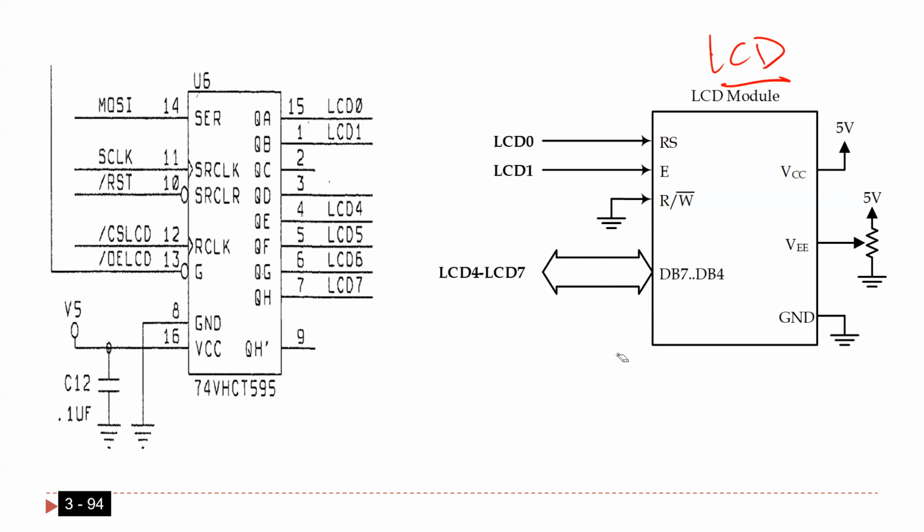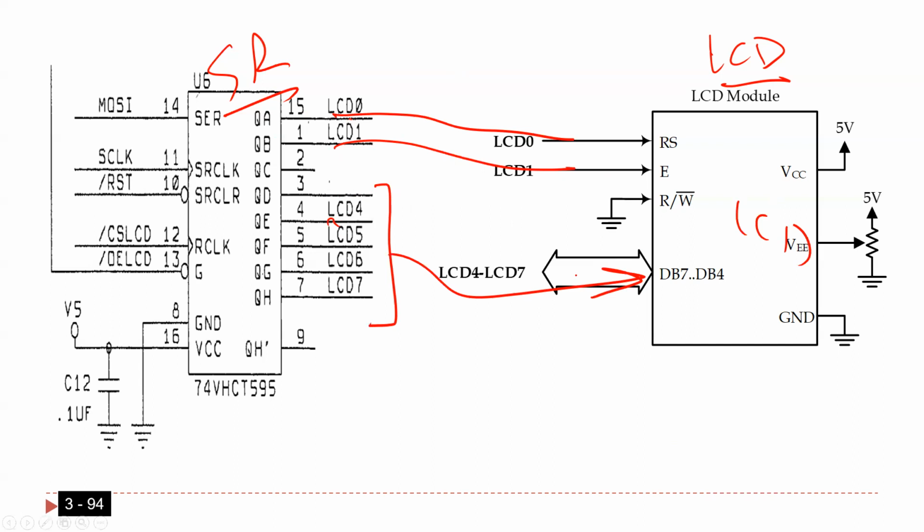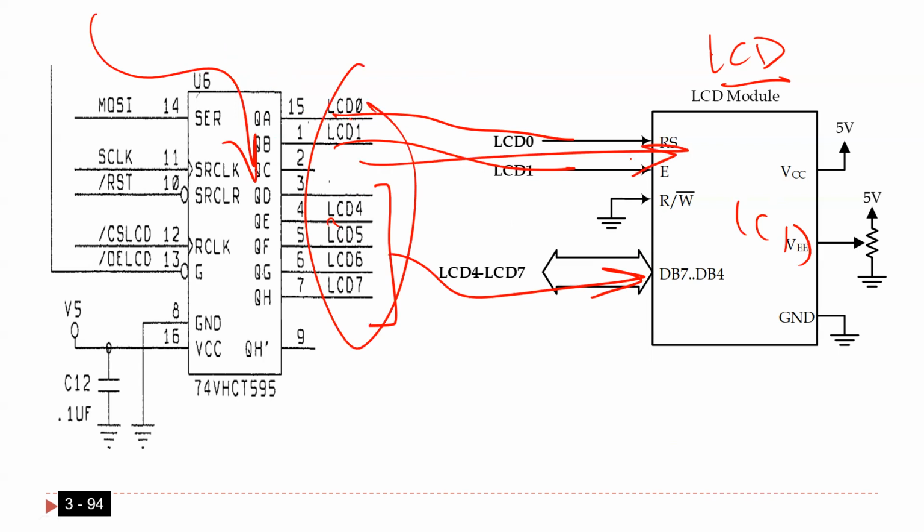Then I told you we use a shift register. Our LCD is connected to the shift register this way. This one is connected here, this one is connected here, the 4 pins are here. All I have to do is write to the shift register, and the shift register is going to send the data to the LCD.